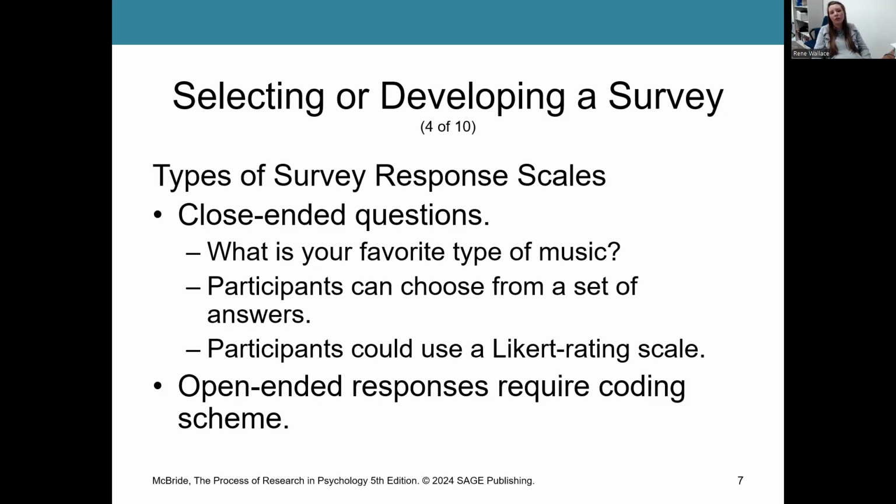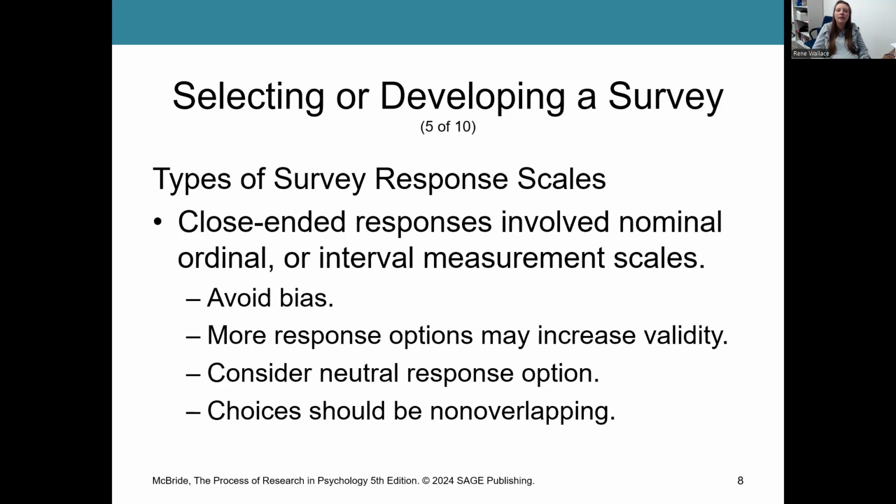So when you're coding or scoring on the back end, you do have to have a coding scheme, but it's easy, right? You only had 5 answers. So 1 is low and 5 is high and 3 is in the middle, and you can score it that way. Closed-ended responses involve nominal, ordinal, or interval measurement scales. They avoid bias, right? Because they're clear. Here's the response, and you put it in.